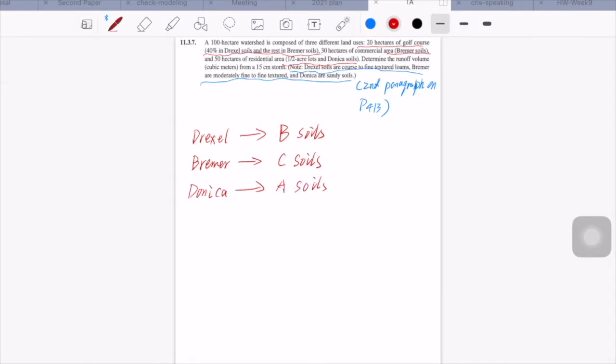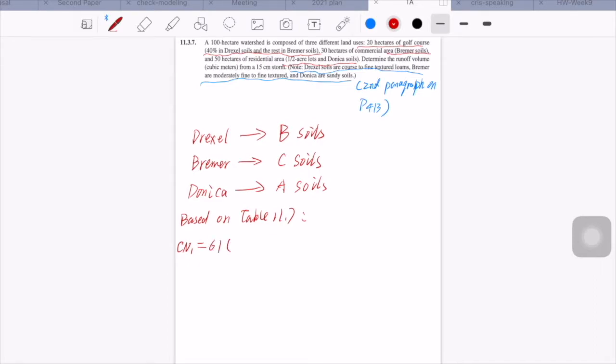So based on the table 11.7 in the textbook, we can determine that CN1 equals 61.